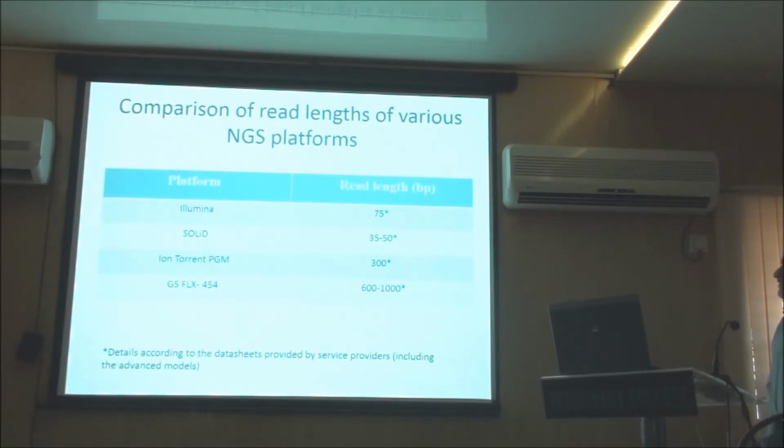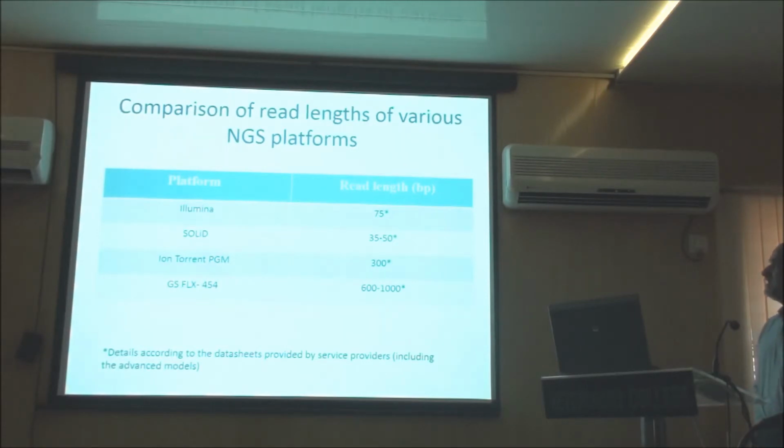SOLiD generates 35 to 50 per read. Ion Torrent generates 300 bases per read. FLX is listed as 1000, but currently it generates around 600 to 700 bases per read.